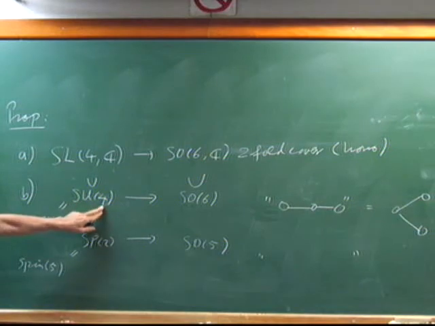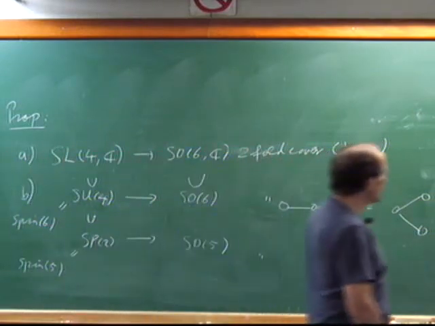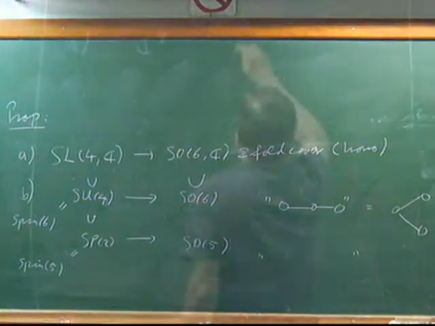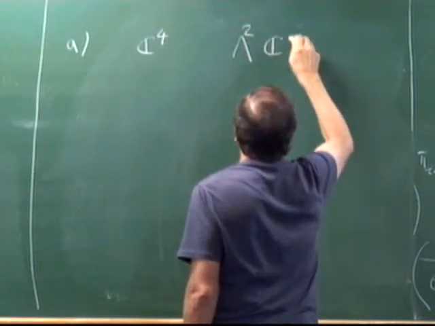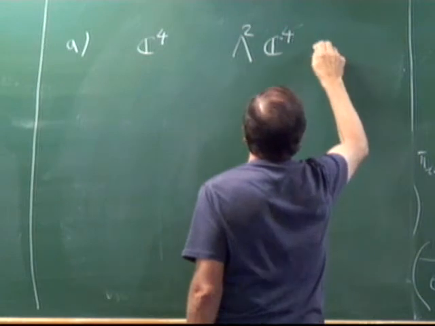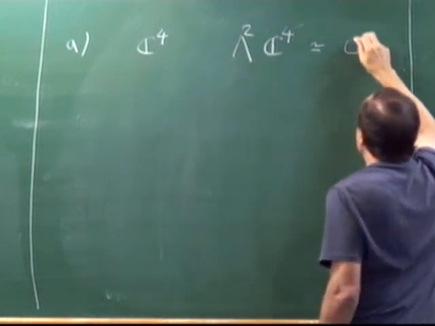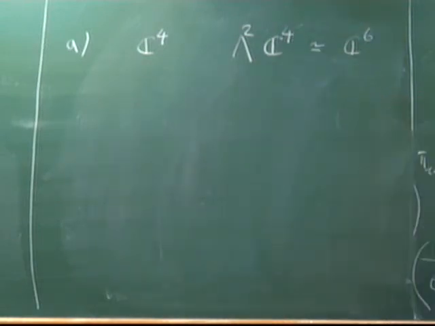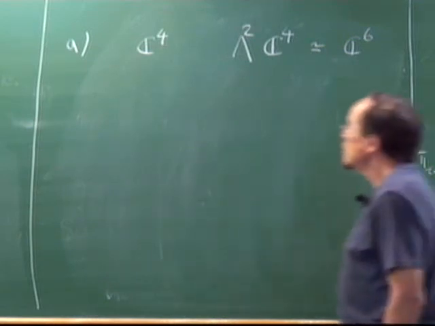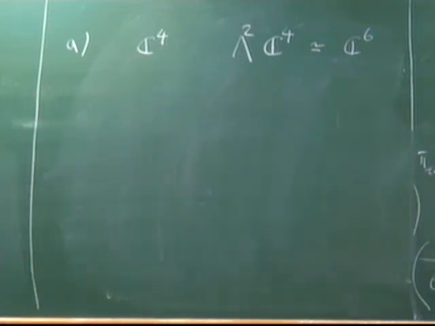Same here, right? The 4x4 unitary matrix must go to a 6x6 orthogonal one. The way one does this is that I look at the exterior power, lambda 2 of C4. That's 6-dimensional, so I can regard this as C6. There's a natural way I can now go from one to the other.